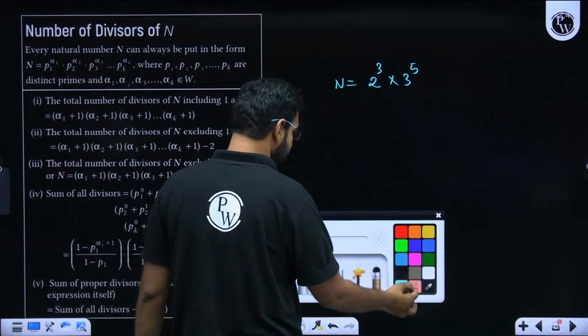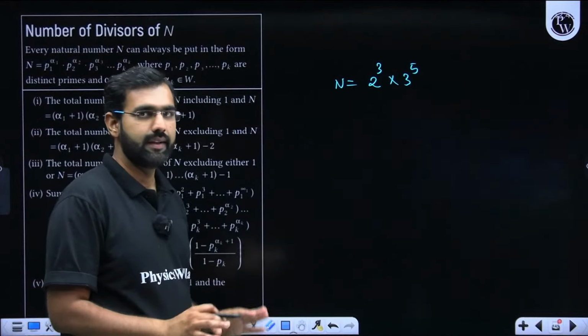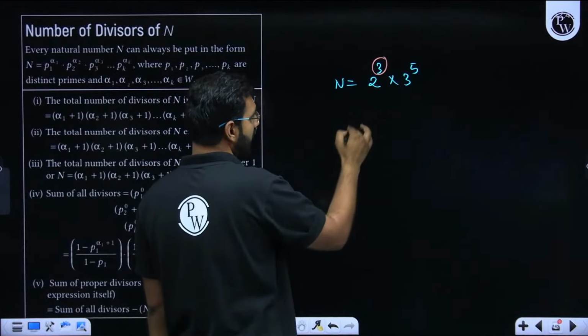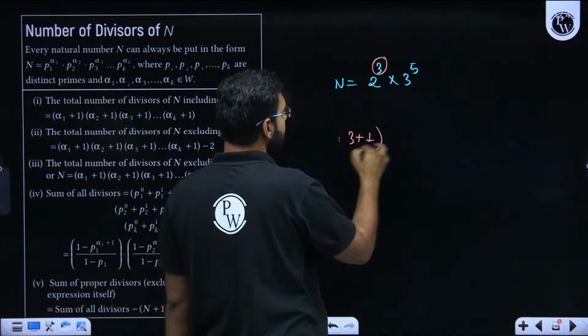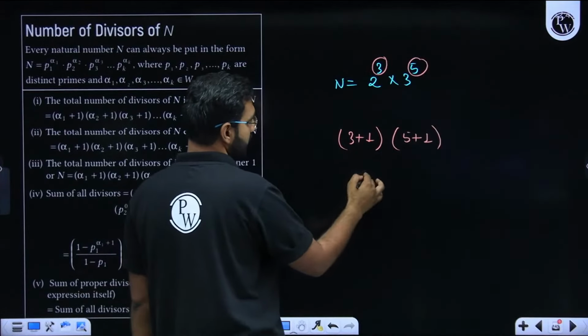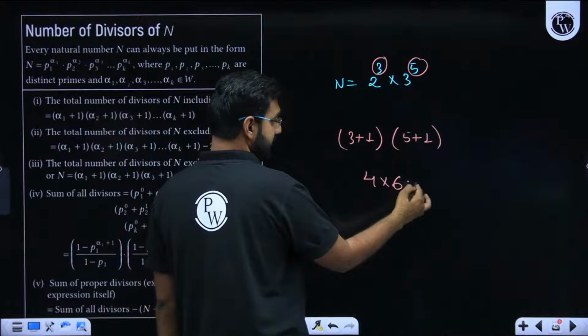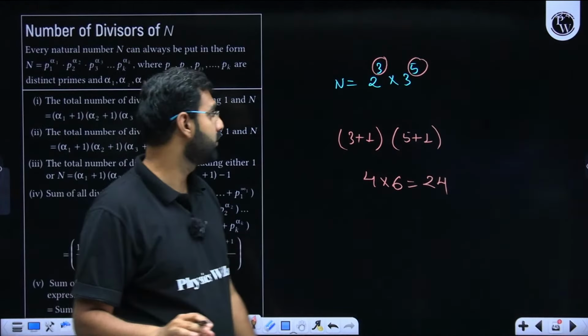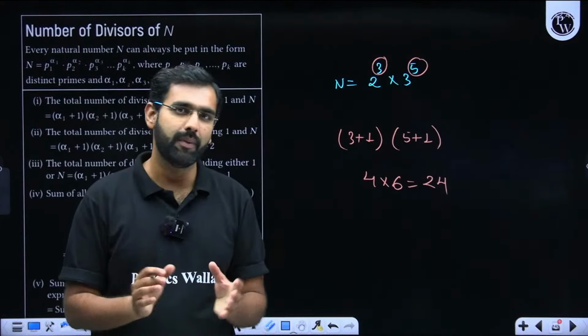All you need to do is raise this power 3 plus 1. So this power 3 plus 1 is 4, and this power 5 also increased by 1, so 5 plus 1 is 6. 6 into 4 is 24. So there are 24 numbers which can divide this number. How simple and easy it is.